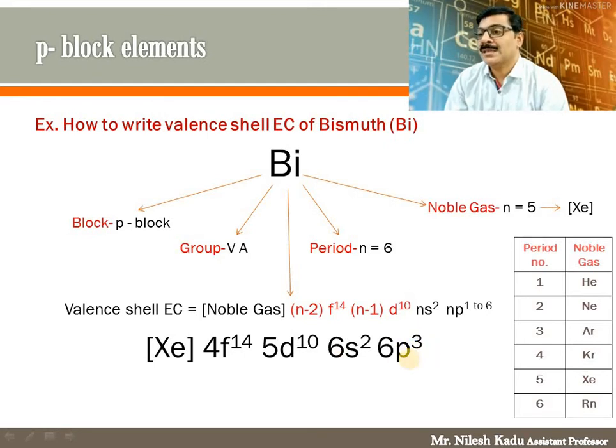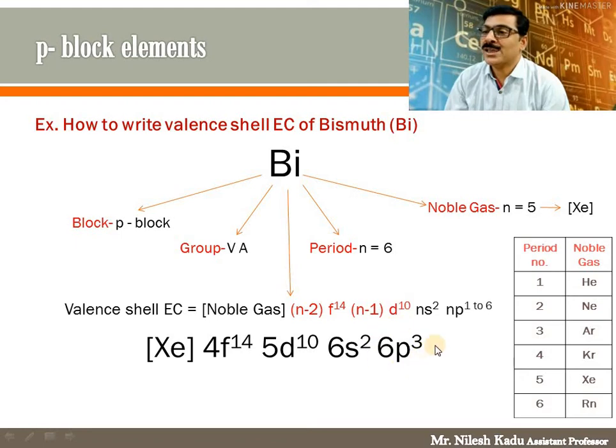Here 6s and 6p is the valence shell, but 6s contains 2 electrons, and the group number of bismuth is 5A, meaning 5 electrons are present in the valence shell. So 6s contains 2 electrons, 3 electrons are remaining, and they are present in the 6p orbital.